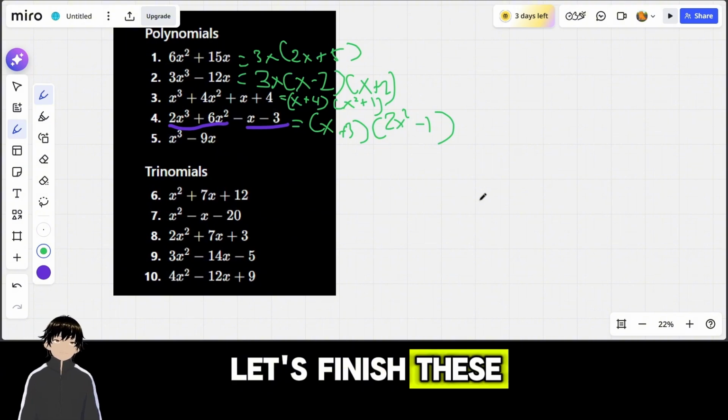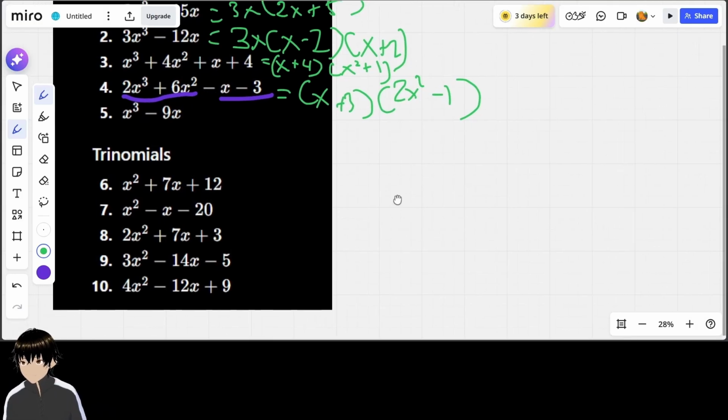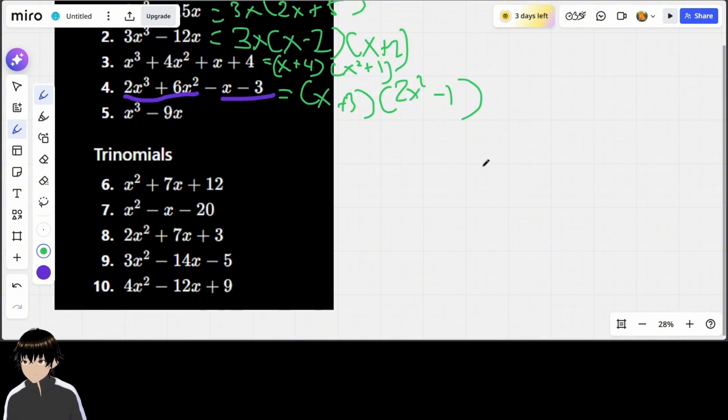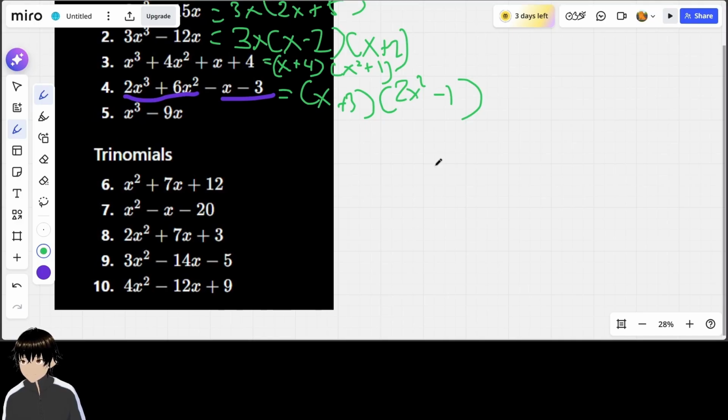Let's finish these. So we have x cubed minus 9x. So the greatest common factor between them is going to be x.